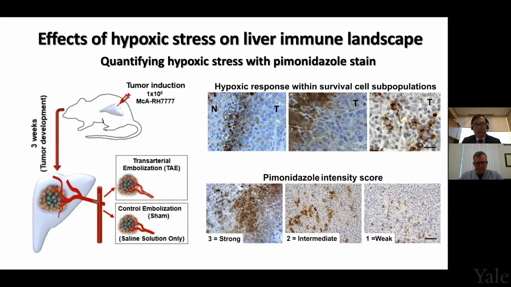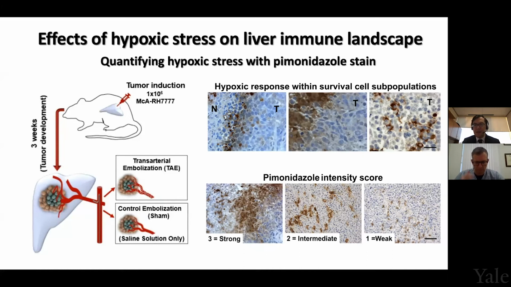We measured the hypoxia with the same agent that you saw from that previous study in green in fluorescence, but this we used in conventional immunohistochemistry: pimonidazole. And it is very important to understand this stain. This is a stain that is given to the animal before you sacrifice the rat. You can give it an hour before, some people give it 24 hours. And it binds to the cytoplasm of the cells that are in a hypoxic state.